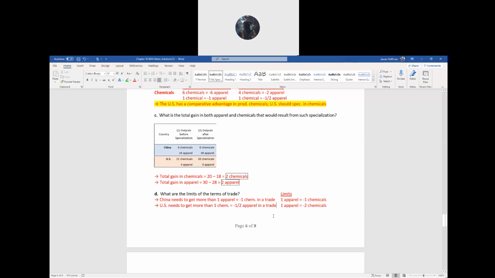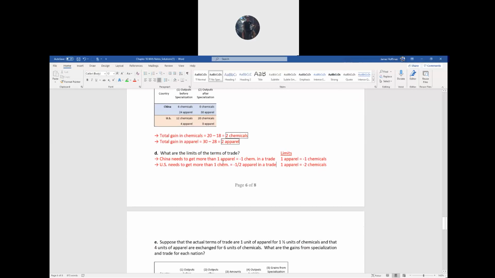All right. Now, all you got to do is put these in terms of one good. I did them in terms of apparel. So 1 apparel equals 1 chemical, or put this in terms of apparel, which means multiply by 2, and 1 apparel equals 2 chemicals.